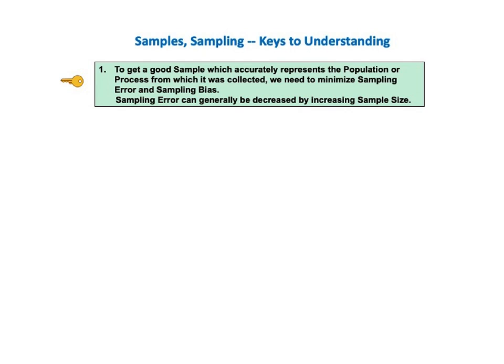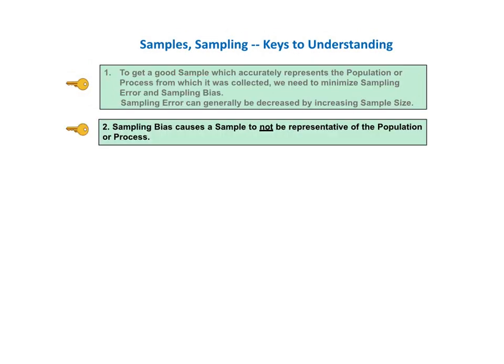The second KTU says sampling bias causes a sample to not be representative of the population or process.